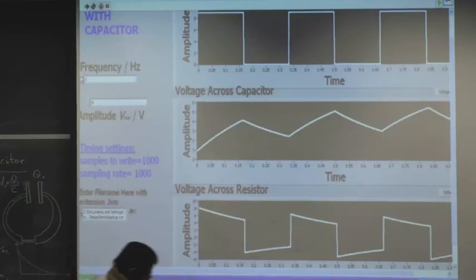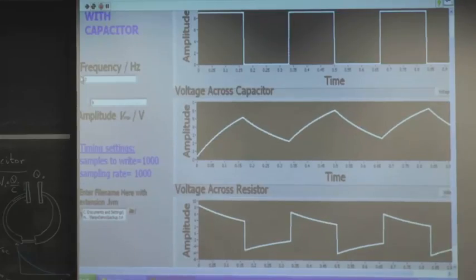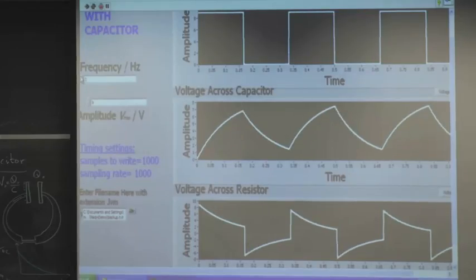Alright, so now I'm trying to decrease the resistance. And as I decrease the resistance, the response gets sharper. And I can see a large portion of the exponential rise and the exponential decay.